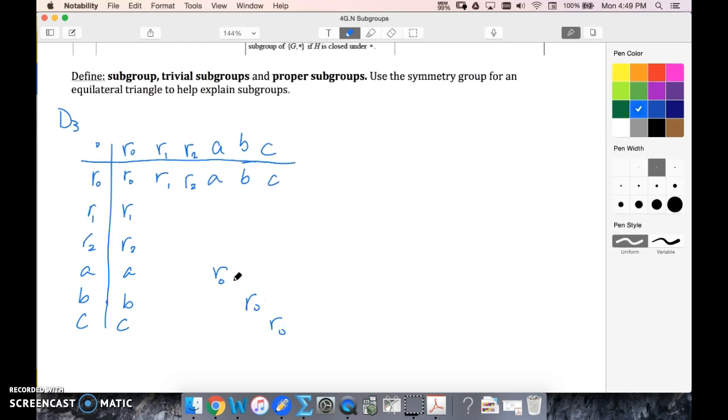Okay. And then we can think about all of our other rotations. If we rotate 120 degrees twice, we get the 240 rotation. And then if we rotate 120 and 240, we've rotated 360, back to our original. So we have all these from our previous notes, so I'm just going to fill them in.